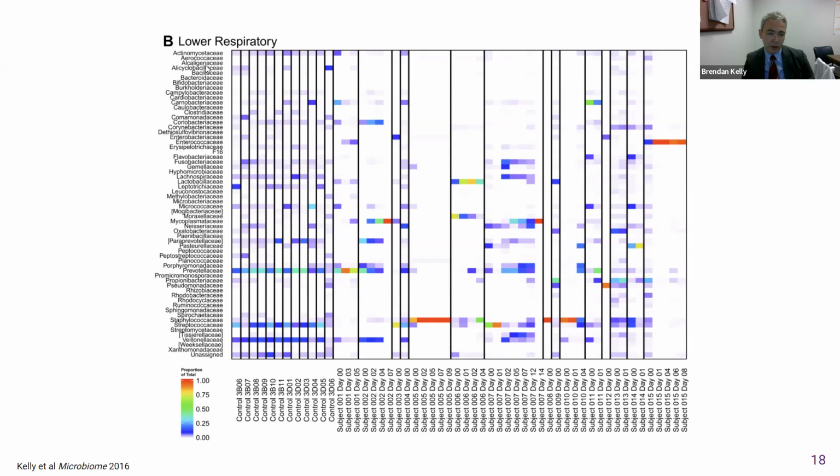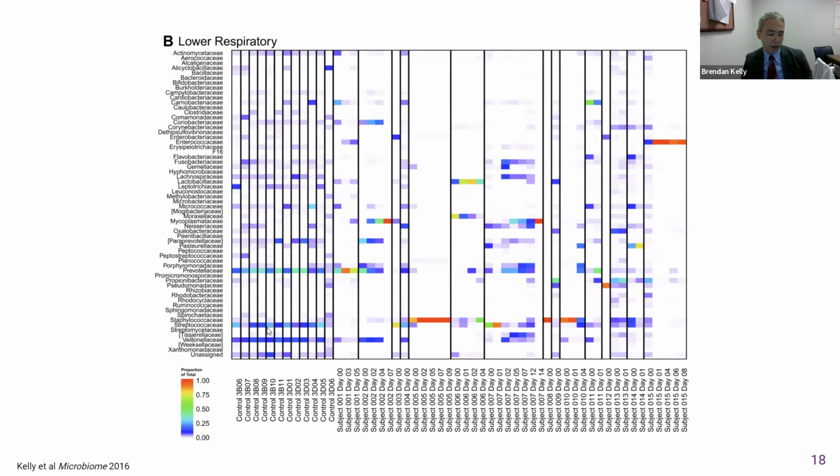And then on the vertical axis, you have what bacteria were found in their lower respiratory tract at the family level, just so it can fit on the slide. Looking grossly at this heat map, you can see that the control subjects all look fairly similar, in that the color indicates the proportion of the total that each bacterial family accounts for in that subject.